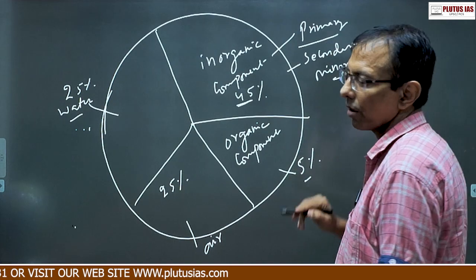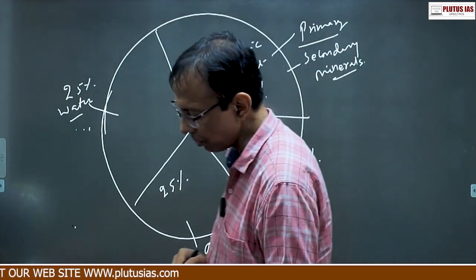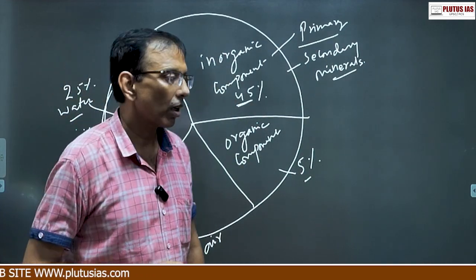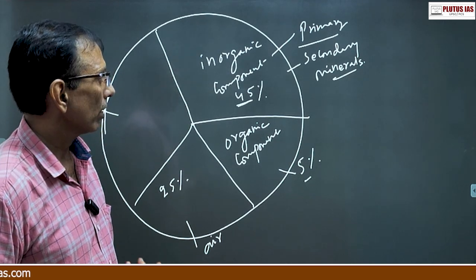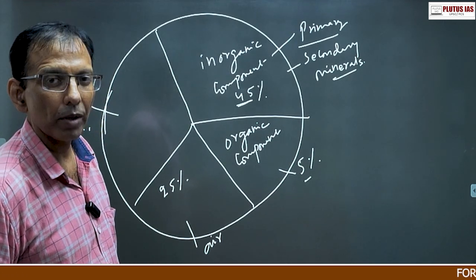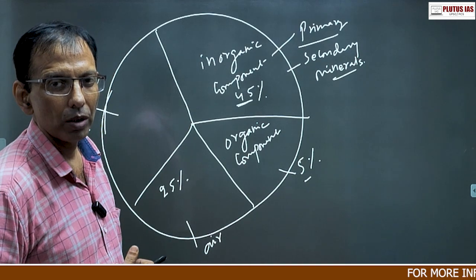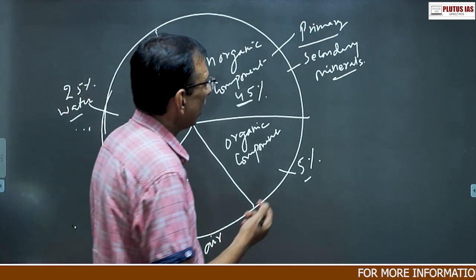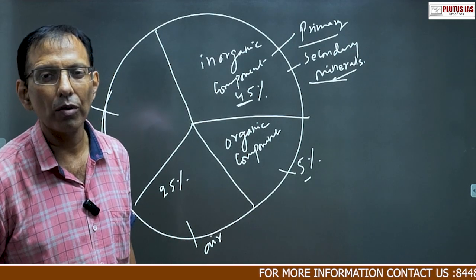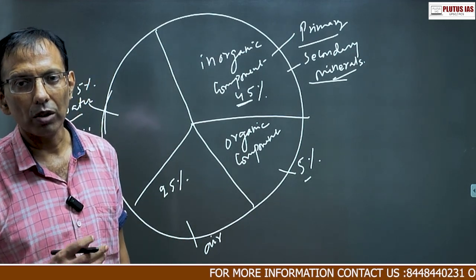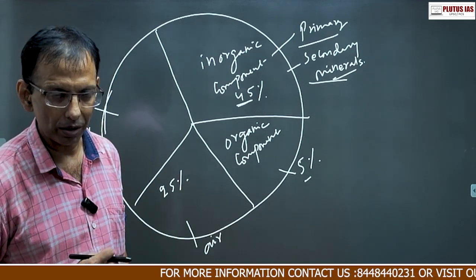Primary minerals means those minerals which are present in the earth crust, which is primarily developed from the rock, and secondary minerals are those minerals which are the product of weathering and erosion of primary minerals.